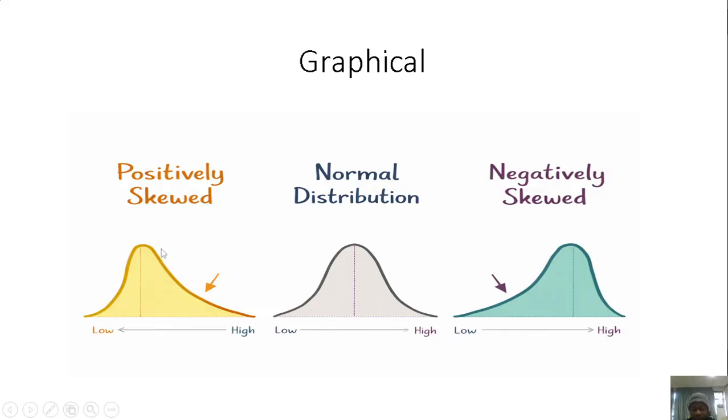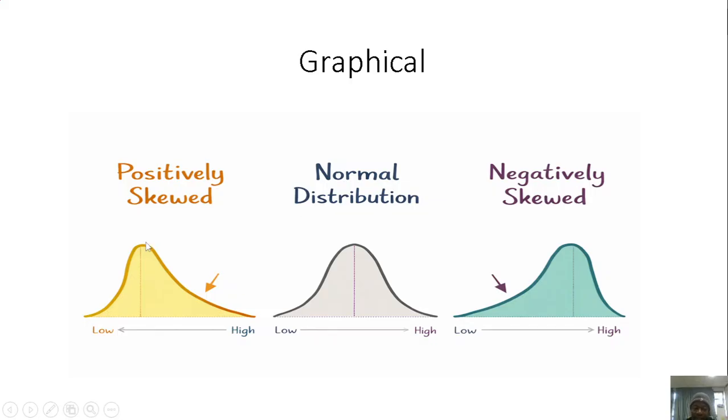When you perform the analysis and generate your graphs, if it has a long tail to the right or to the left, that means the data is not normally distributed, which means it's skewed. If it has the longer side to the left, it means it is negatively skewed.